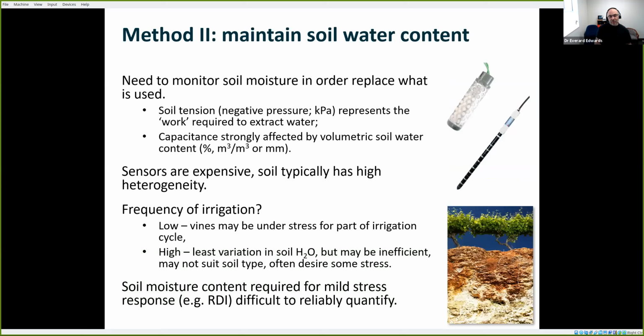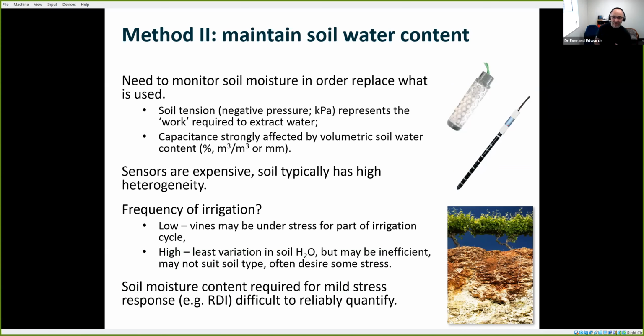So a second way of thinking about maintaining full irrigation, rather than actually having to estimate the crop evapotranspiration, because all of that water is coming from the soil, is to actually look at the soil moisture and maintain that soil moisture throughout the season.